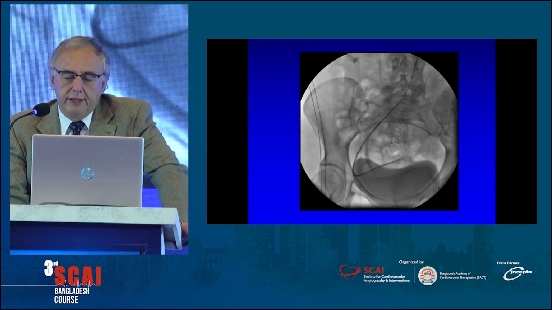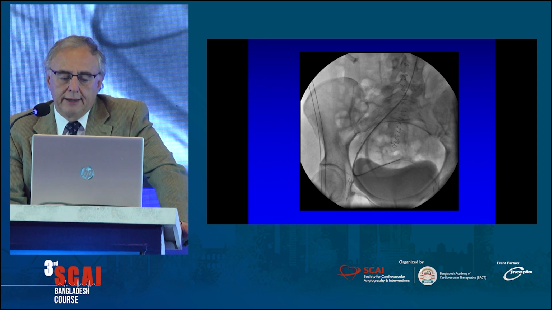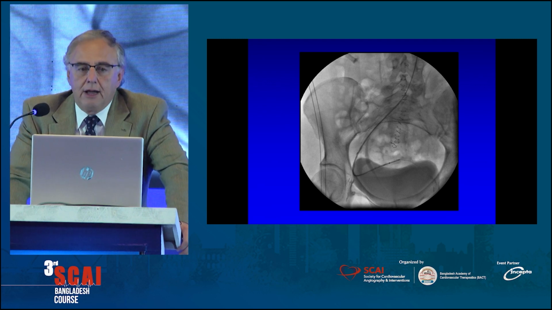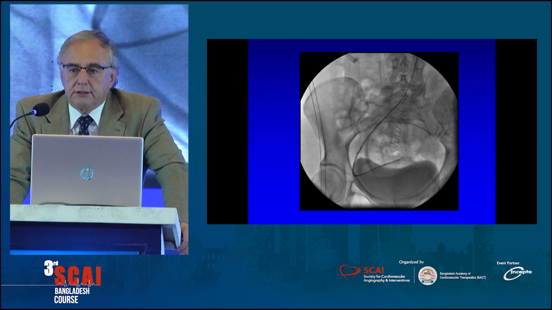So what I did is I went forward through the iliac stent, and it got into the bypass. Then I put an infusion catheter in there and infused thrombolytics for 18 hours at a rate of 1 milligram of TPA an hour.